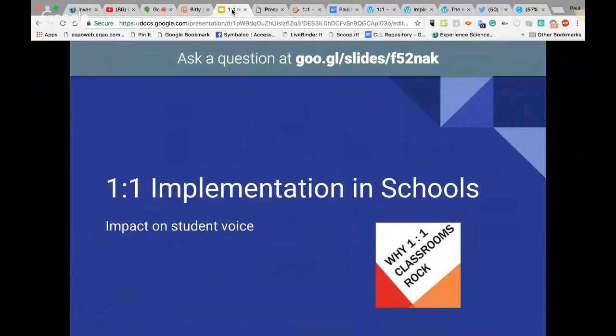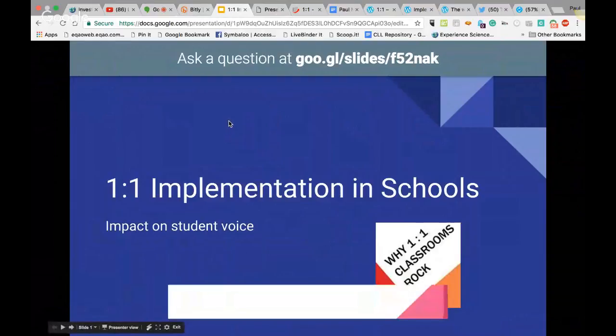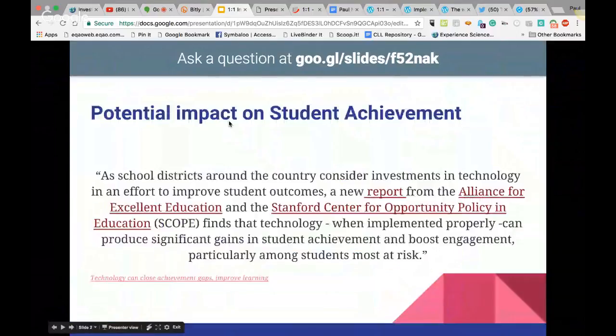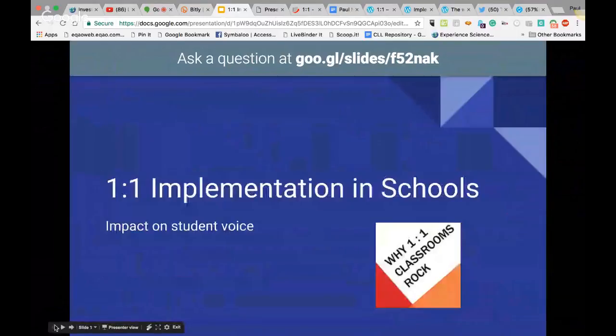What we were able to do over a 2.5-year period is arrange things so that every student from grades 3 through 6 had their own computer. The juniors, grades 4, 5, and 6, actually brought their computers home, and we basically had machines throughout the school. I can talk a little bit about how we arranged that.